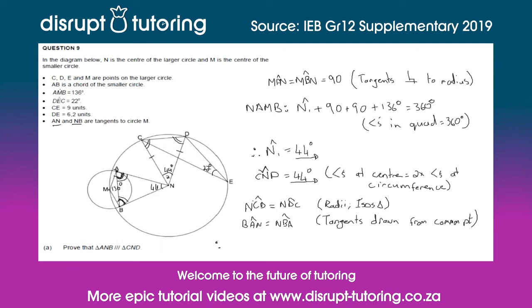So therefore, we can conclude just what they asked us, triangle ANB is similar to triangle CND, and your reason here is angle, angle, angle.